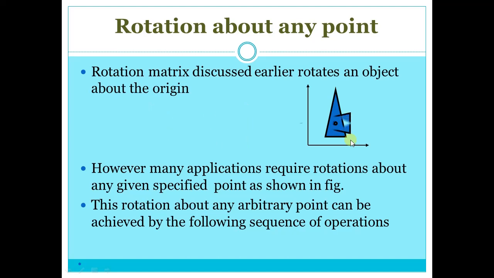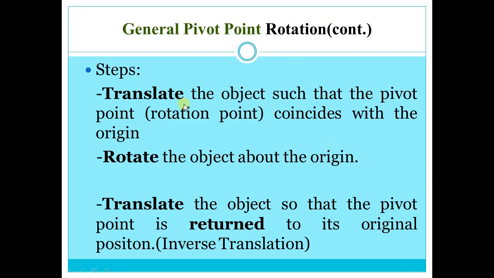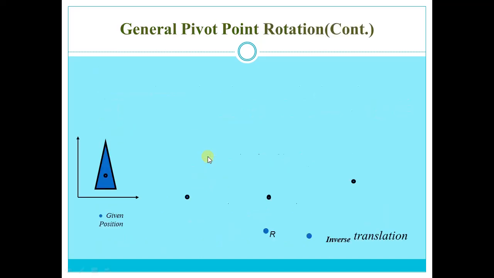However, many applications require rotations about any specified point as shown in the figure. This rotation about any arbitrary point can be achieved by the following sequence of operations. In the first step, translate the object such that the P1 point, the rotation point, coincides with the origin. Then rotate the object about the origin and then translate it back to its home position.